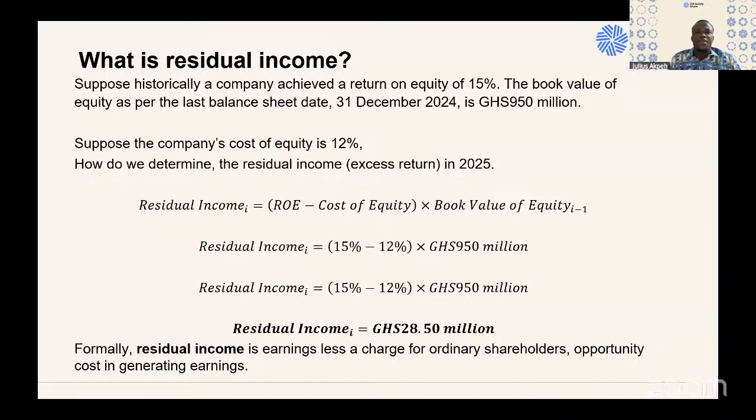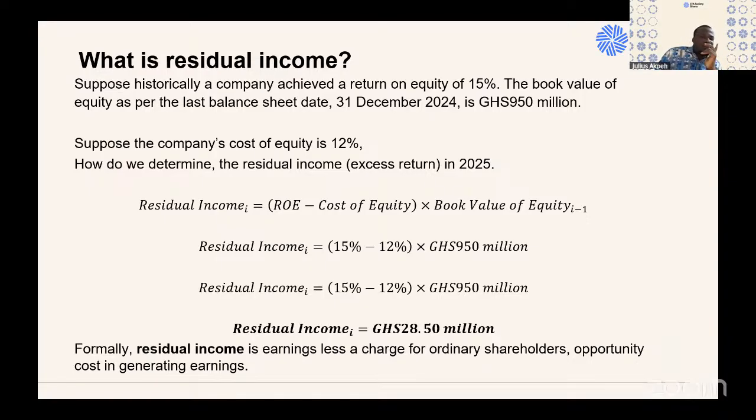But it doesn't mean the company is creating value. For value to be created, or to conclude that value is created, we expect that the return on equity is above the cost of equity. In other words, we expect that the return the company is generating is higher than what shareholders expect.